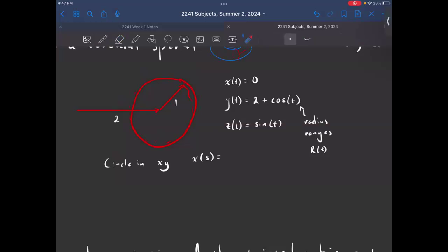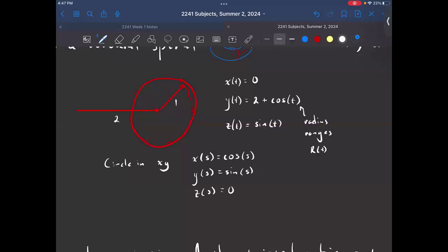Well, I want my circle to be starting at the standard position, let's say. And we want cosine of s, and y equals the sine of s. And then z just 0. Okay, so circle in the xy plane is given by that.